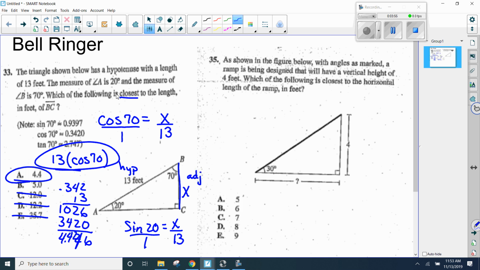Type 13 times the sine of 20 on your calculator and you should get 4.4. You also find the cosine of 70 just by typing cosine 70 on your calculator. Yeah, that's what I said right here. You could just type in 13 times cosine of 70 on your calculator. They do that for you right here. 0.3420.